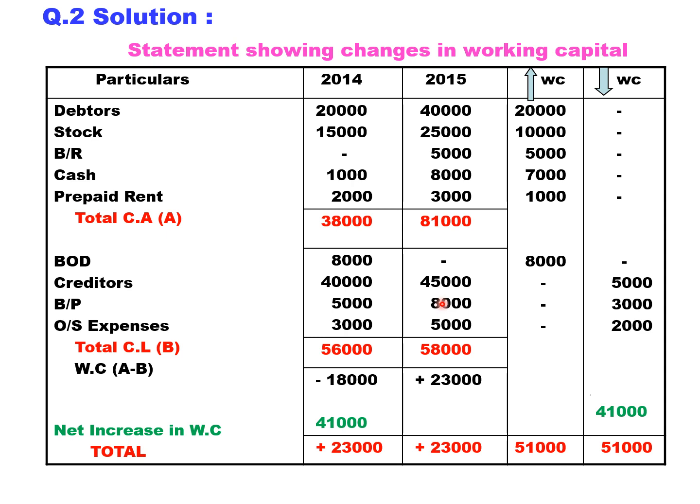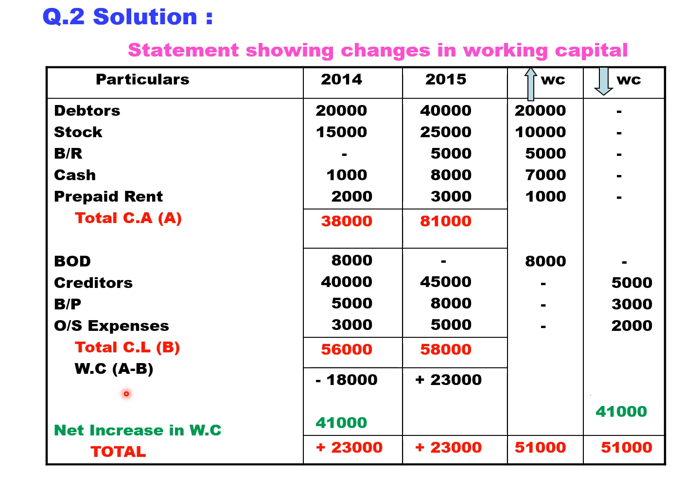Increase in creditor of 5,000 will result in decrease in working capital, as the figure indicates on the top. Increase in BP of 3,000 will result in decrease in working capital. Increase in outstanding expenses will result in decrease in working capital of 2,000. So total current liabilities 56,000 and 58,000.